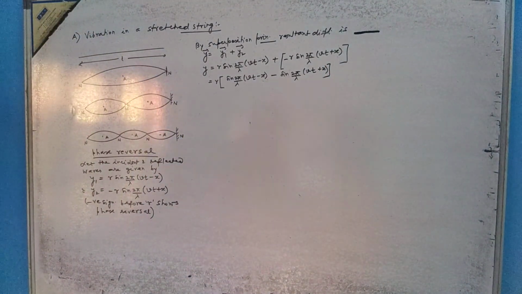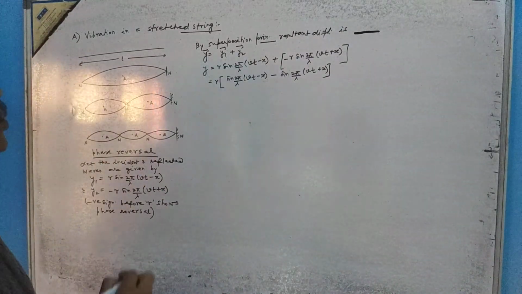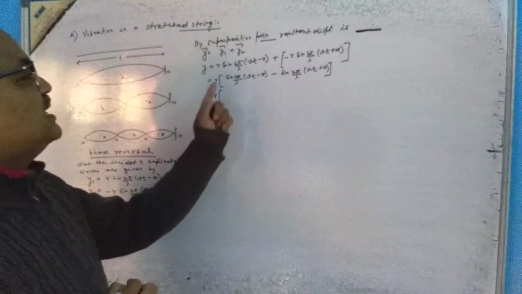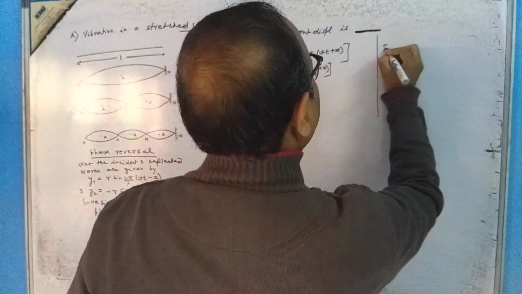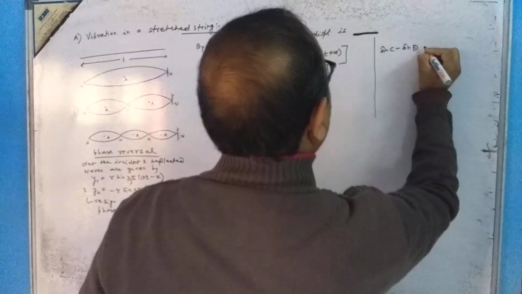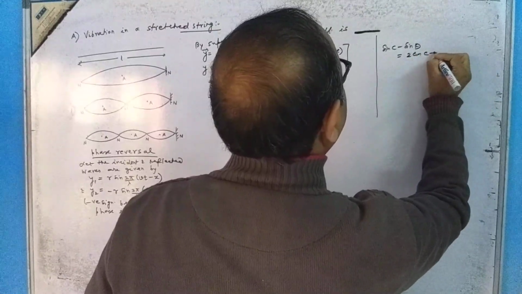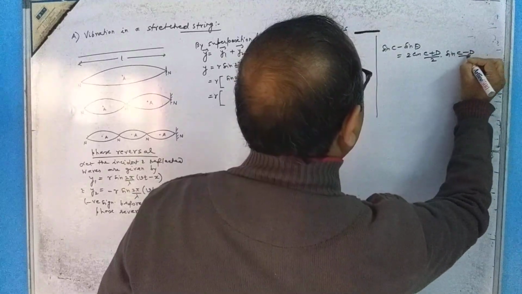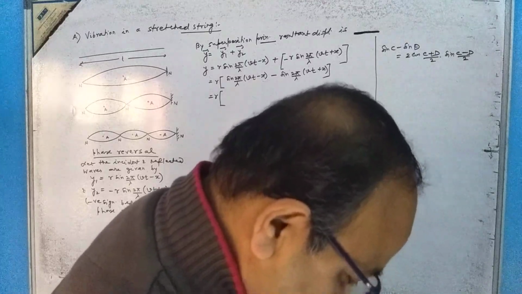A small bit of mathematics is needed, so I hope that much mathematics all of you know. I write r, and here it is sin C minus sin D. For your reference, sin C minus sin D is equal to 2 cos (C plus D) by 2 into sin (C minus D) by 2. I hope you all are agreed with this.